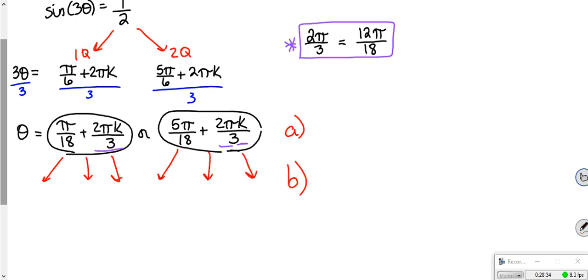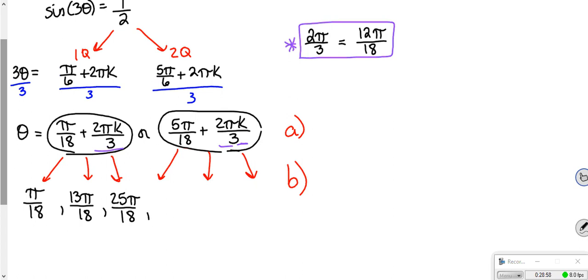So my first answer, of course, is going to be pi over 18. Then I'm going to add 12 pi on top. Okay, so that's going to give me 13 pi over 18. Then I'm going to add 12 pi on top again. So that's going to give me 25 pi over 18.